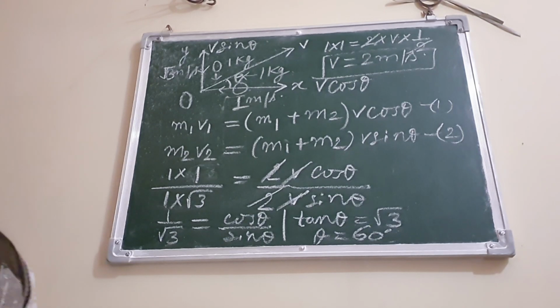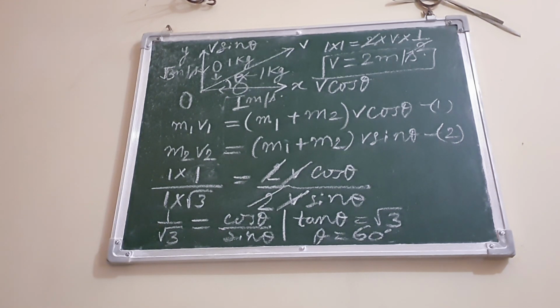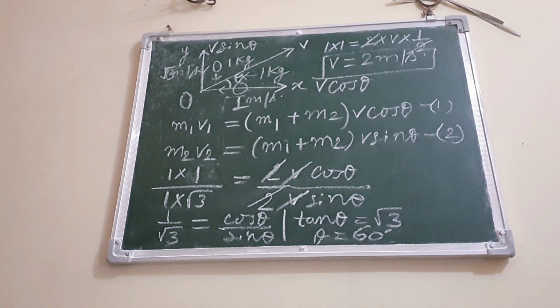It is also of mass 1 kg, moving with the initial velocity root 3, that is v2. After collision, they stick together and move with a final common velocity. We have to determine that final common velocity v, and it is making an angle theta with the x-axis. So we also have to calculate theta, since it is a vector, so it will have magnitude as well as direction.